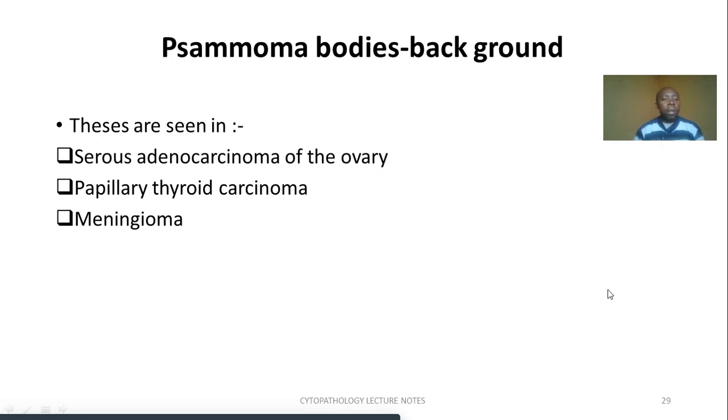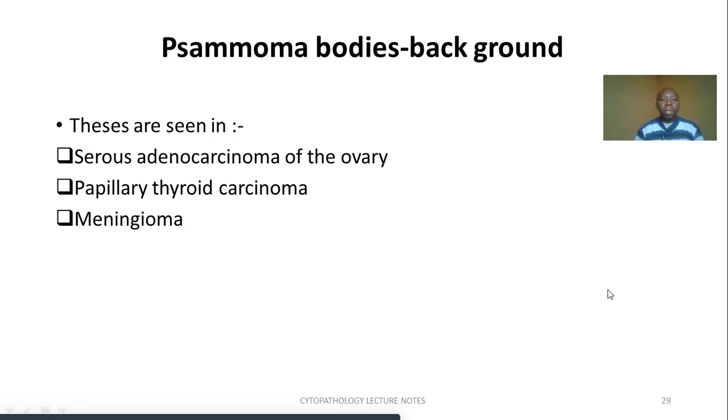Psammoma bodies are very cardinal features, and just like we mentioned earlier, some background appearances point to some malignancies or to some conditions. Sometimes there are backgrounds which are very prominent, for example, if you are looking at a cytology slide and from nowhere you land on a Psammoma body.